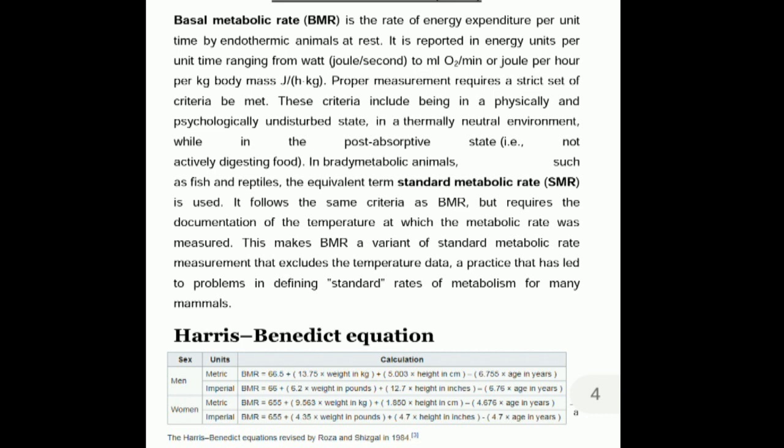Proper measurement requires a strict set of criteria be met. These criteria include being in a physically and physiologically undisturbed state in a thermally neutral environment, while in the post-absorptive state.